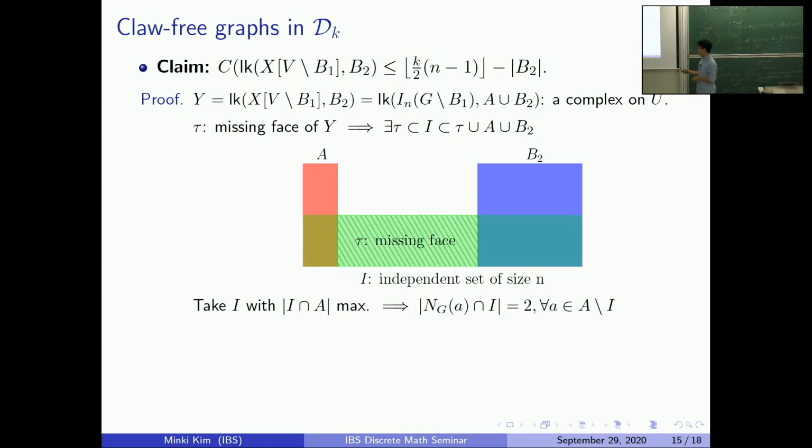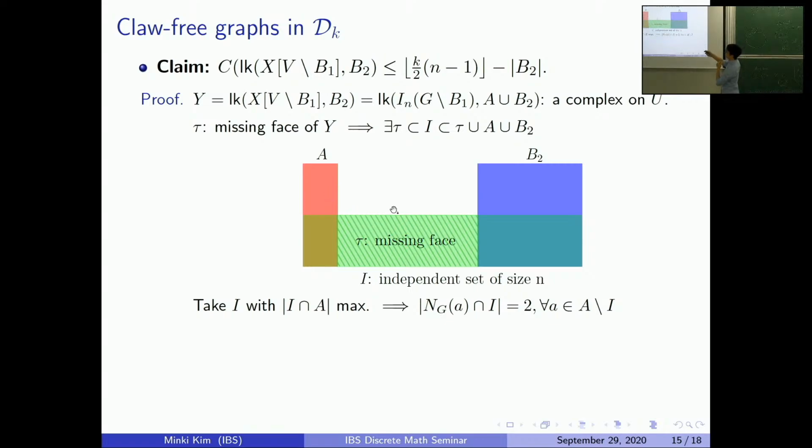Then it's easy to see that for any vertex in this red part, A minus I, it should have two neighbors in the rest part of I, I minus A. Because otherwise we can either delete one vertex from I and put one vertex from A, or if this intersection has size 1, then just exchange the vertex from this red part and the vertex that is adjacent to that vertex.